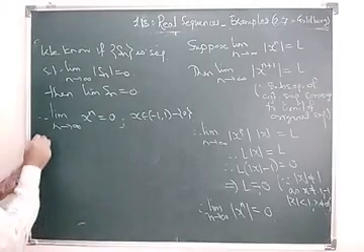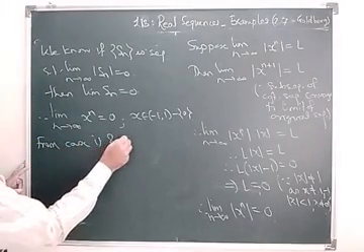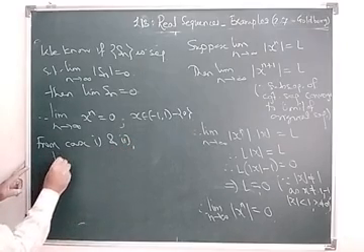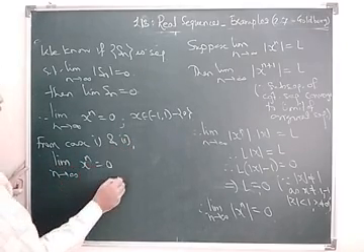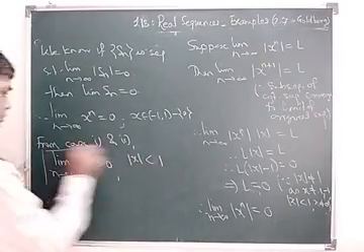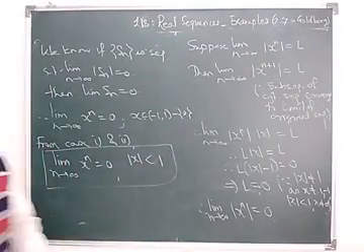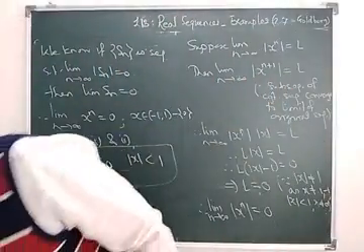Okay, so from case 1 and 2, limit n tends to infinity of x raised to n is always 0 whenever mod x is less than 1. Is it clear?